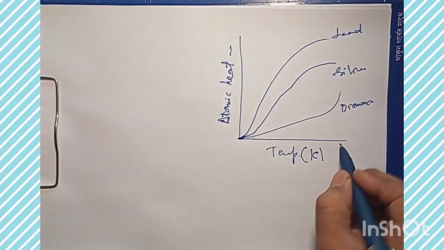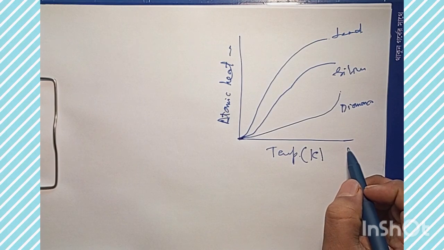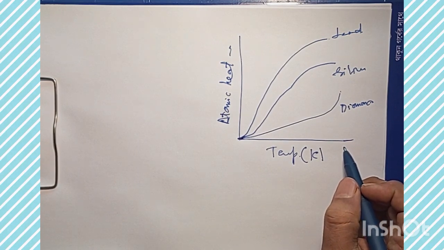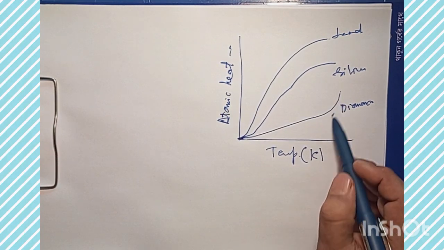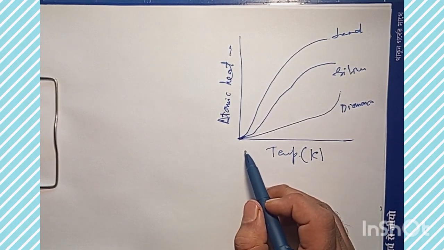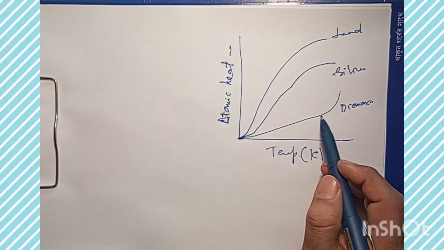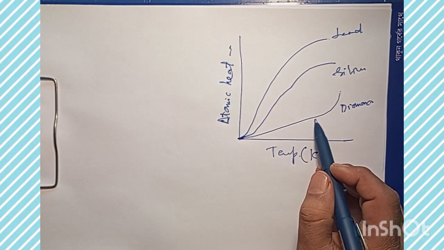So the very fundamental argument of Dulong and Petit appears to be wrong here, because when we see the variation of the atomic specific heat of these solids, it does not have a constant value. It keeps on changing.